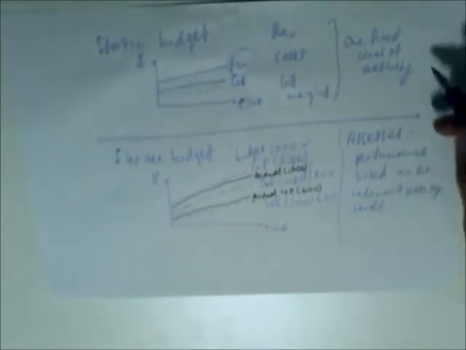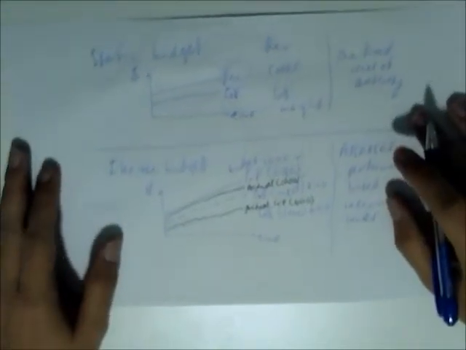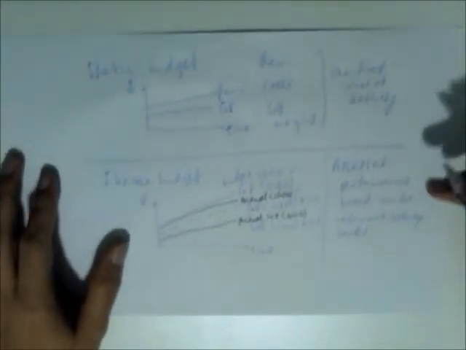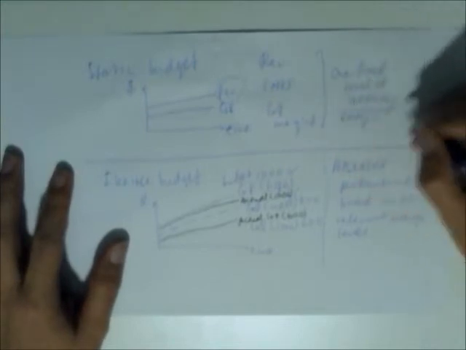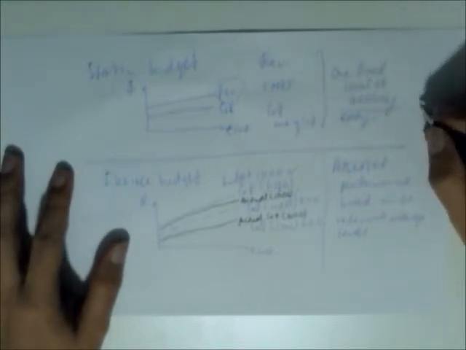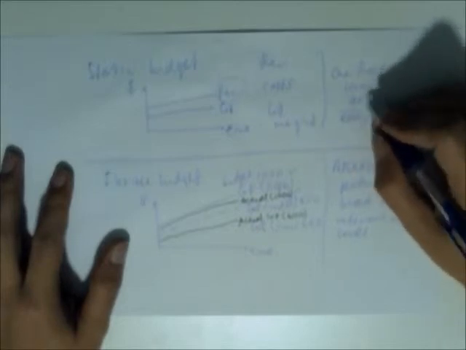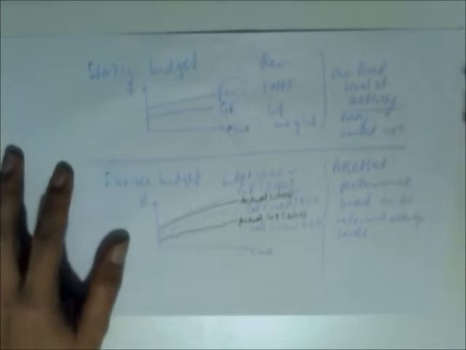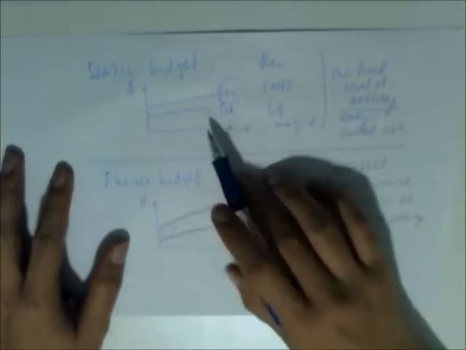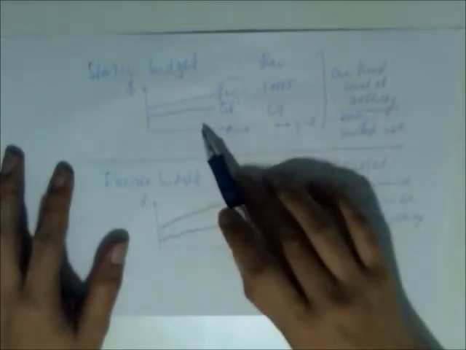Okay, so these are the two budget systems. Of course, there are some other catches with this. Static budget is easy to prepare, but of course the problem is that it has limited usefulness, especially that static budget only provides for one level of activity.